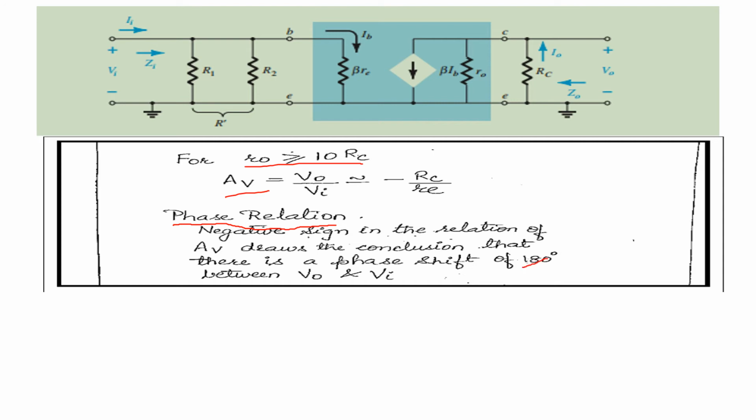Suppose your input signal is drawn like this, the output signal will be phase reversed. This should be 180 degrees, sorry, not 90.